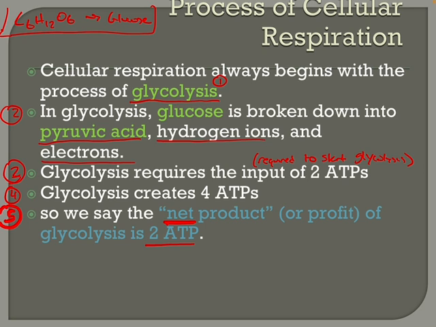And that is because we need to use 2 to get glycolysis started. It's like, let's say you won $4 in a lottery. But in order to enter the lottery, you had to pay $2. So you might be winning 4, but you had to pay 2. So in reality, you're only winning 2.